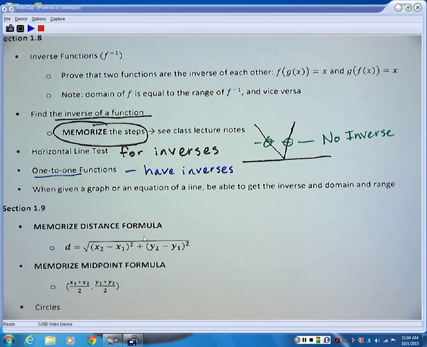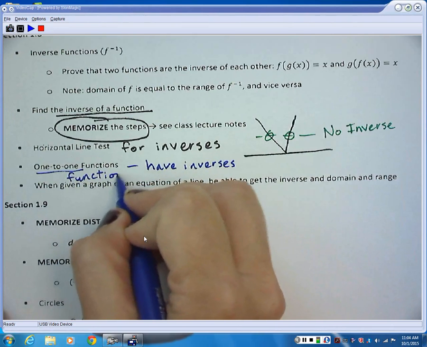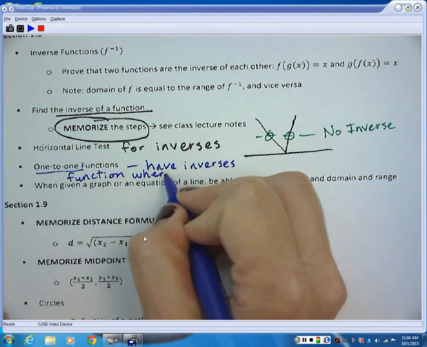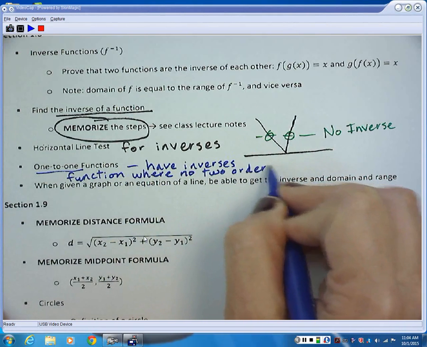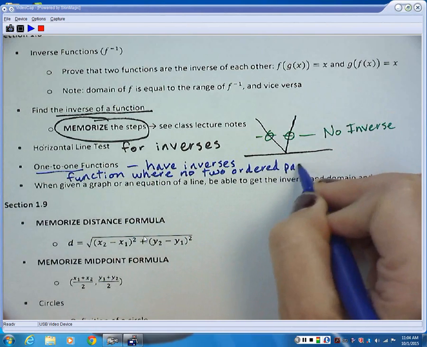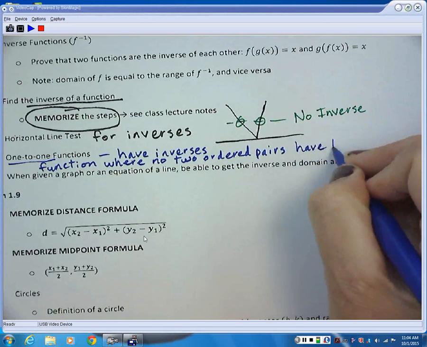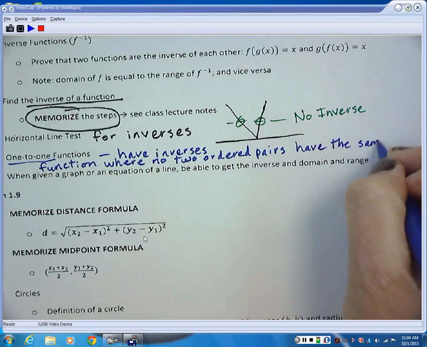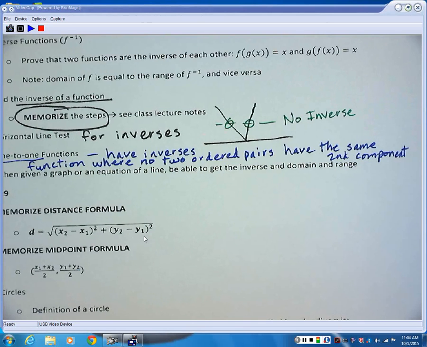The actual definition is, it's a function where no two different ordered pairs have the same second component. Okay, that was a definition.